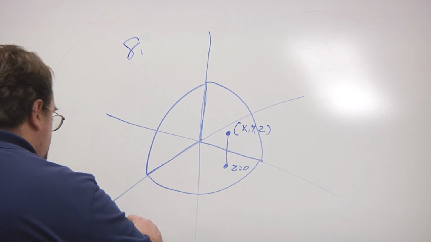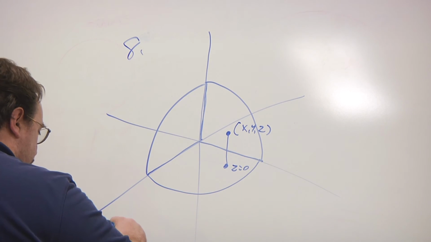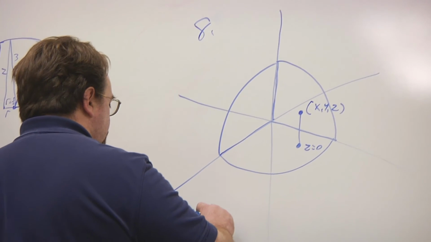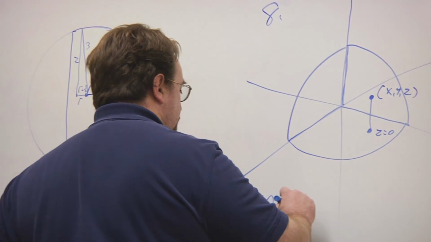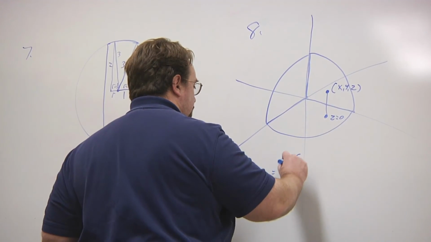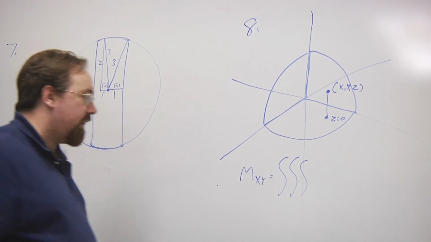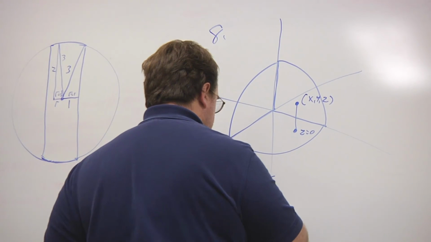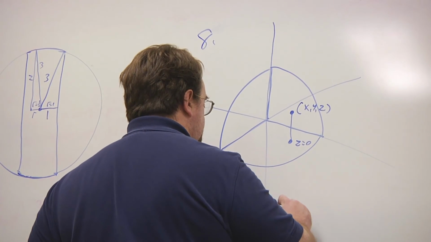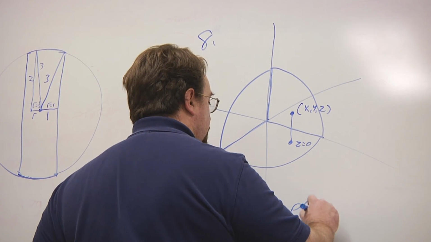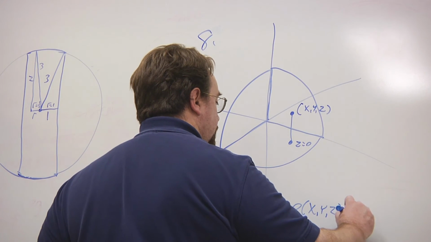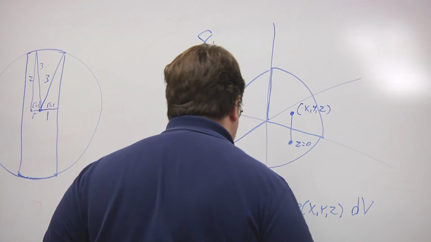So for the moments for the center of mass, you're going to have, for instance, Mxy. That's going to be the triple integral over E of z times rho(x, y, z), your density function, dV.